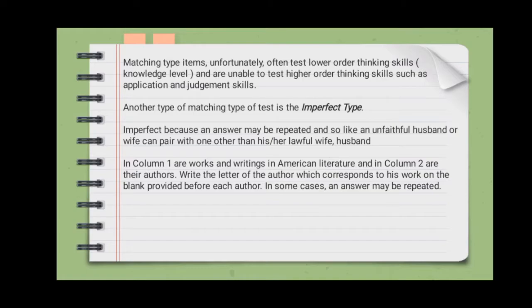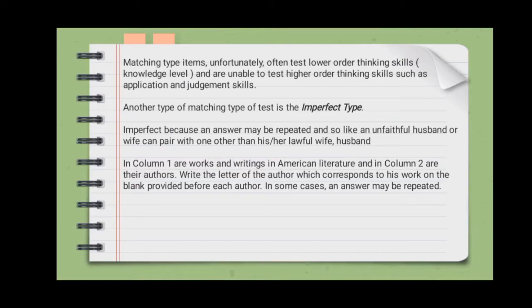So another type of matching type of test is the imperfect type. Imperfect because an answer may be repeated, like an unfaithful husband or wife who can be with another person other than his or her lawful wife or husband. The difference of this from the perfect type of test is that the answer can be repeated.